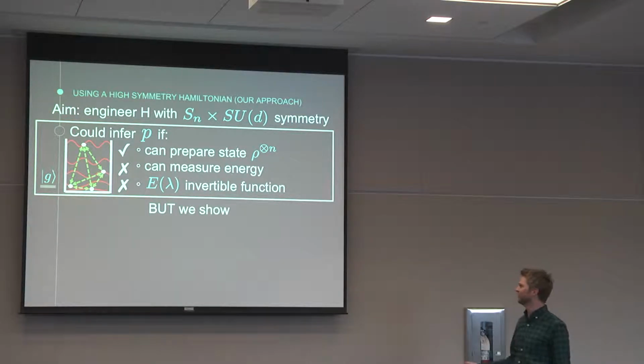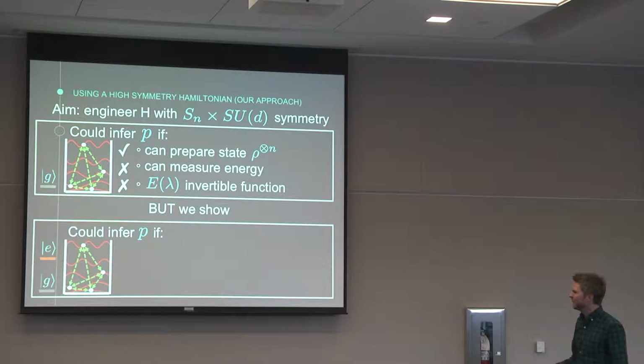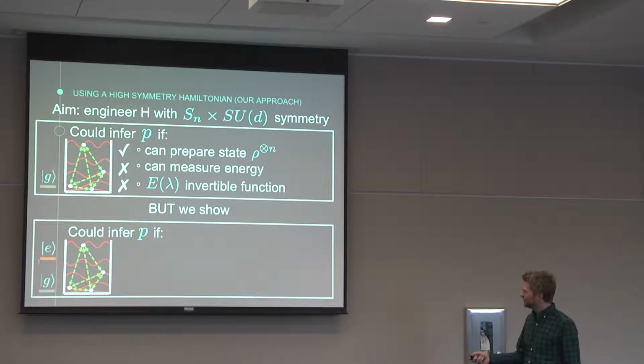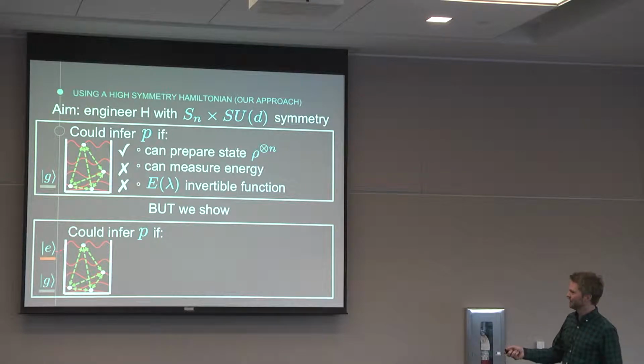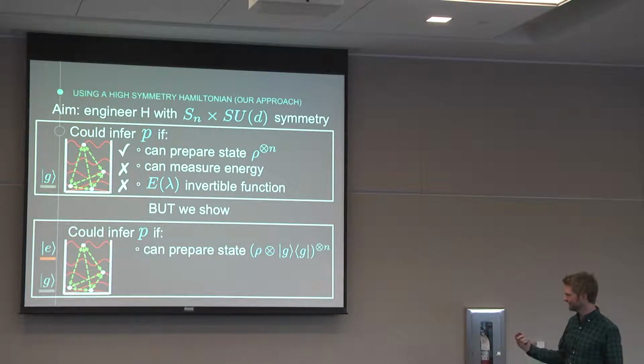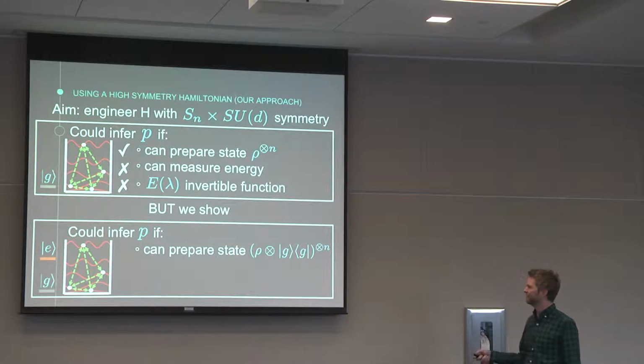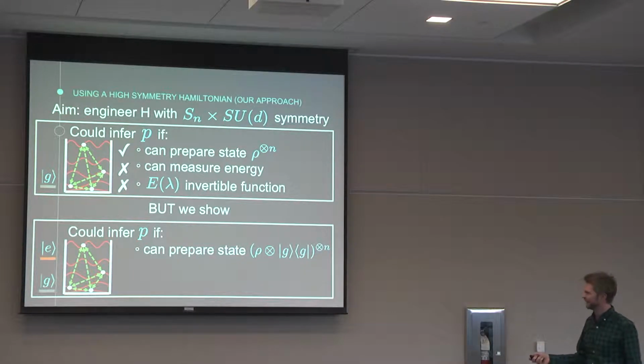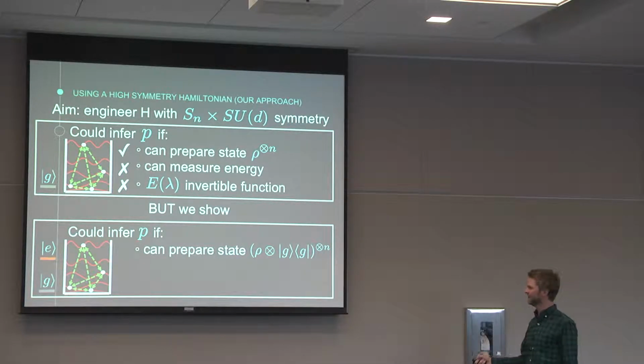However, good news is, and what we've been able to show is that if you include this extra electronic degree of freedom, and you take advantage of it, then you need to be able to do the following thing. So again, prepare the same state, all the atoms in a row and all in the lowest electronic state.